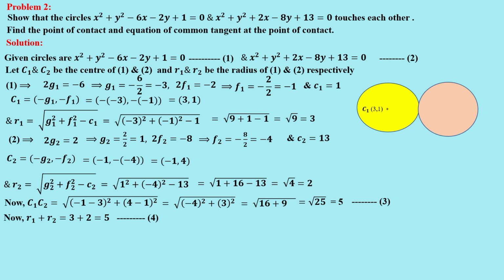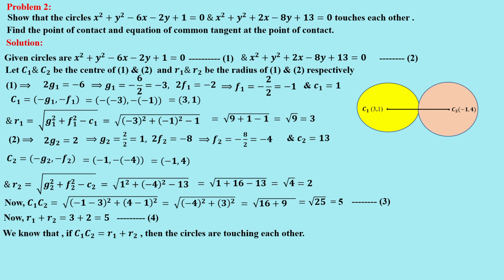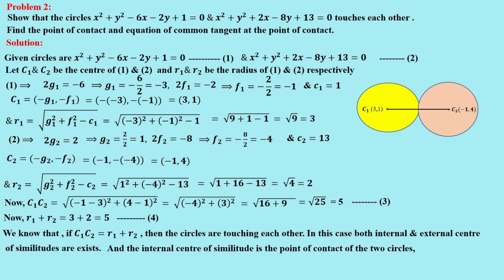So we know that if C1C2 = r1 + r2, then the circles touch each other at a single point, that is the point of contact between these two circles. In this case, both the internal and external centers of similitude exist, and the internal center of similitude is the point of contact of the two circles.